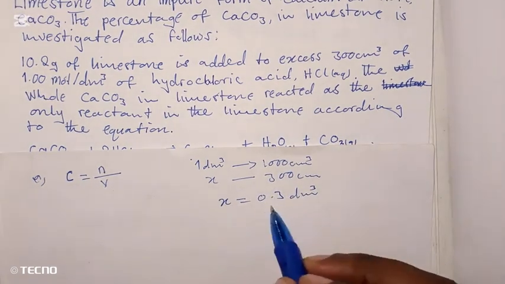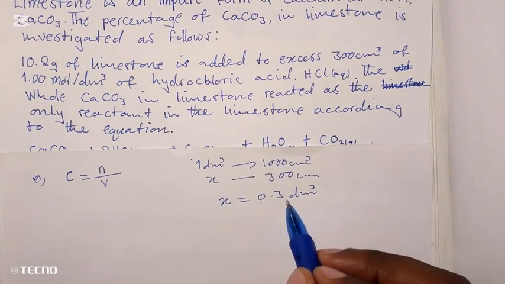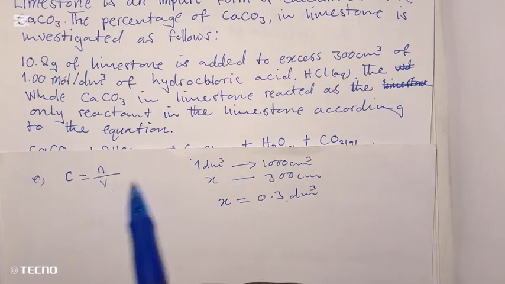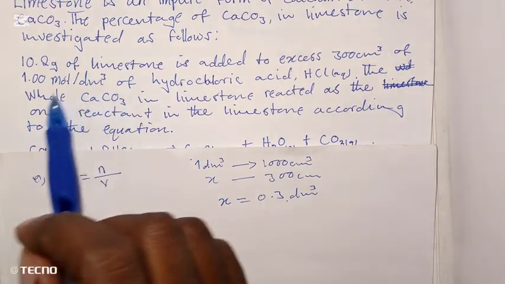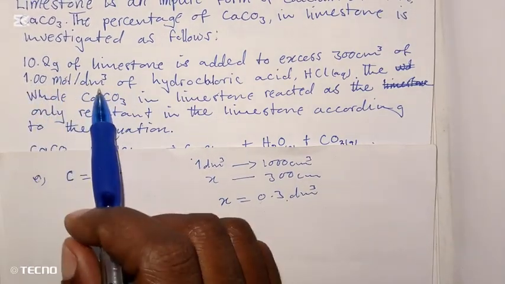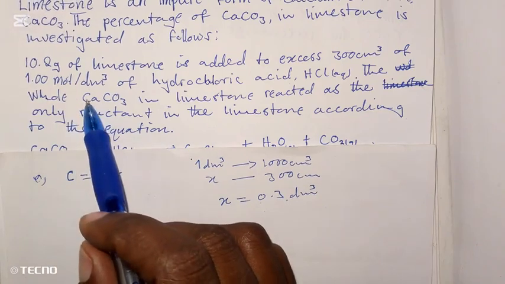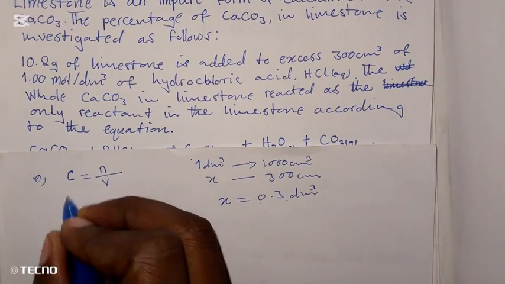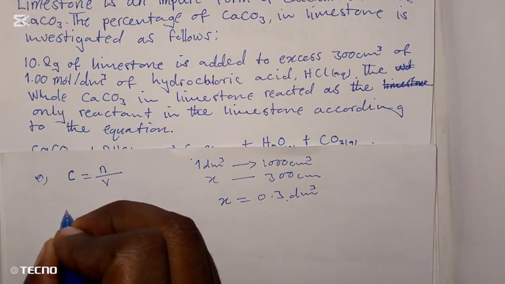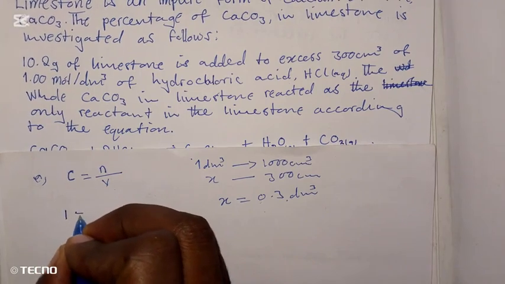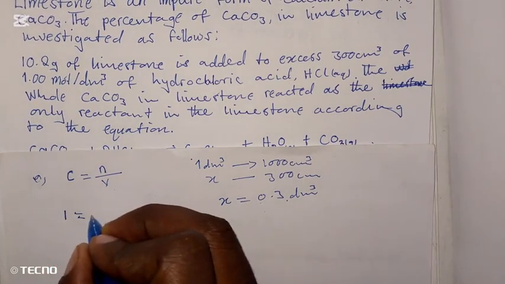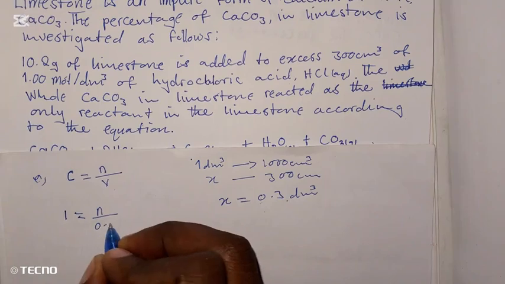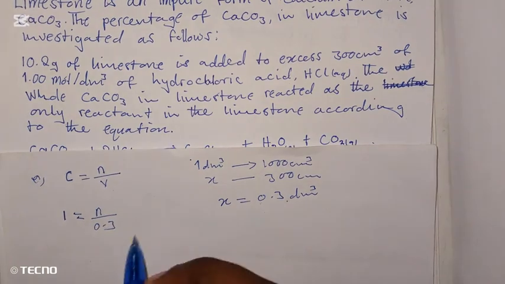So where there is volume, we replace this one. Where there is concentration, we replace this value here. So this value represents concentration. So here we write this one is equal to, we are calculating the number of moles, then 0.3, there is 1.0.